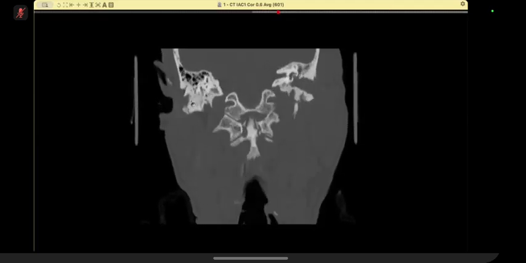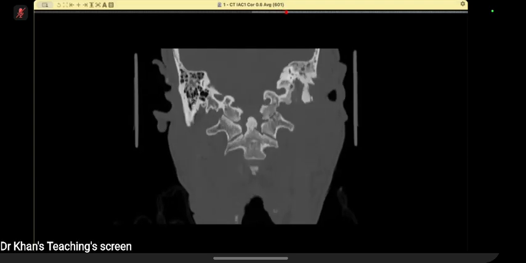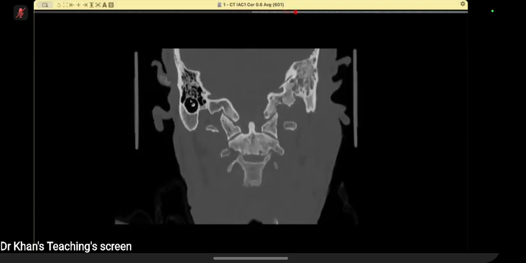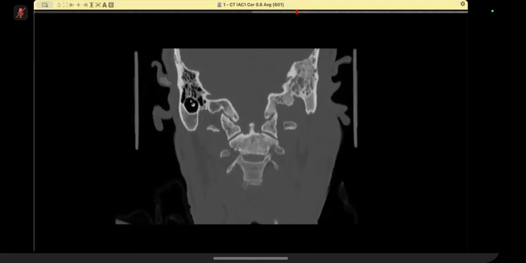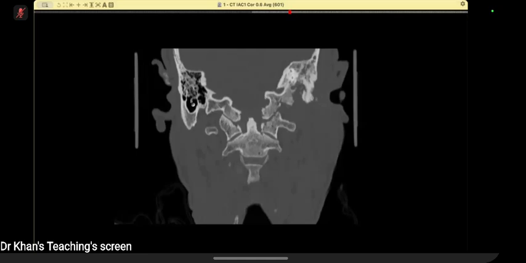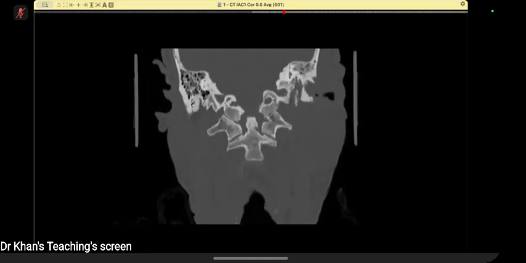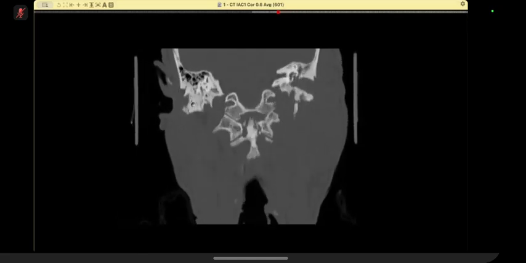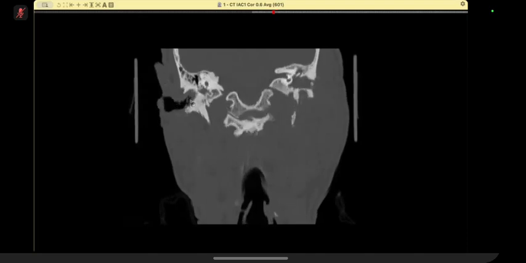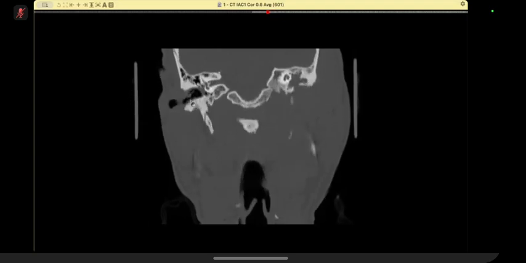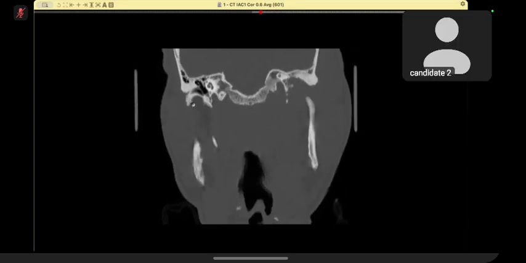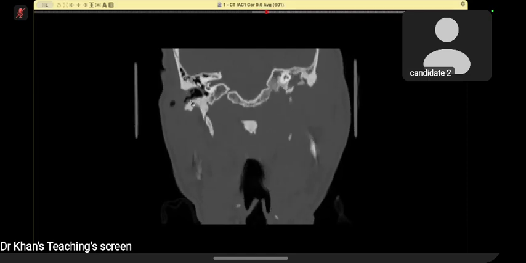On the coronal, on a separate note as well, there's degenerative changes of the C2 odontoid peg. And again, I can see the bony destruction and the widening of the external auditory canal on the left. There is also fullness of the mastoid air cells.